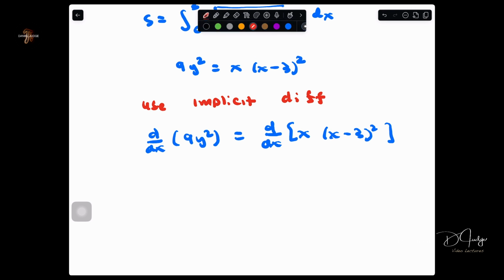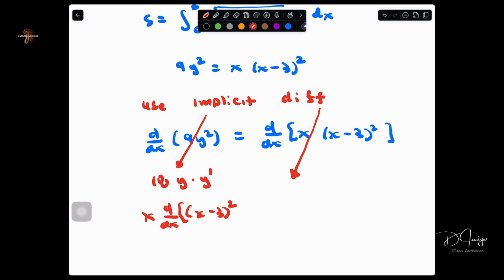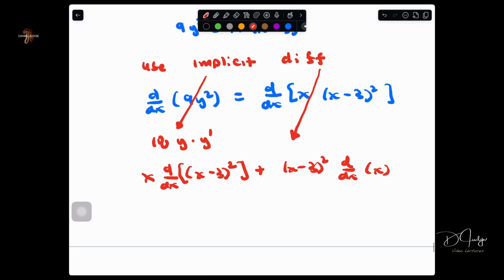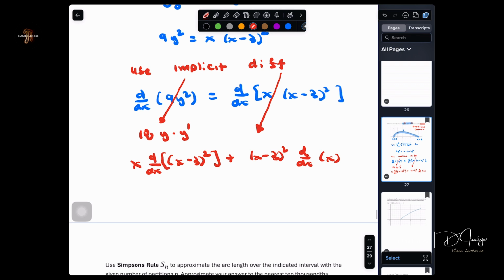Remember, by implicit differentiation, this would be 18y times y prime on the left, and on the right we have to use the product rule: d dx of x, times (x minus 3) squared, plus x times d dx of (x minus 3) squared. So let's find what that derivative is.